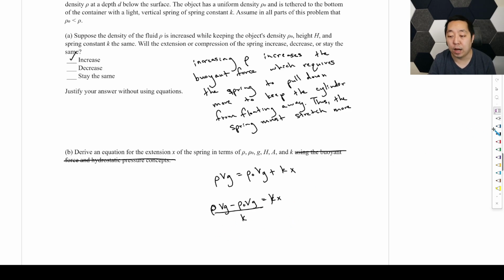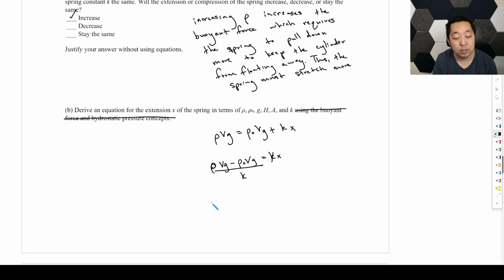The volume of the object is the volume of the cylinder, so let's make this Vg times (rho minus rho naught) over k. And the volume is actually just the area times the height. So A h g (rho minus rho naught) over k is equal to x.